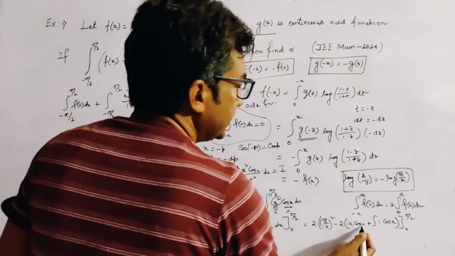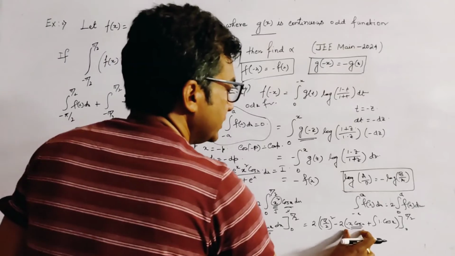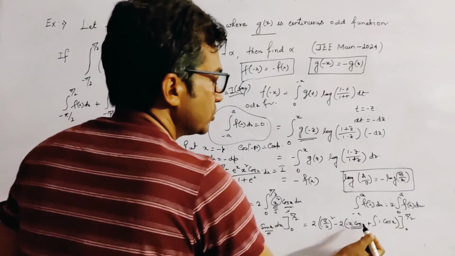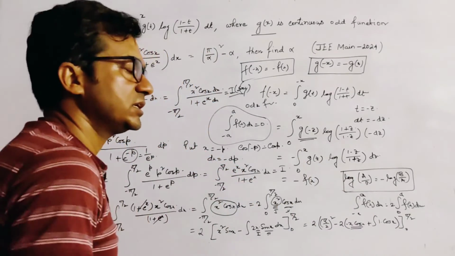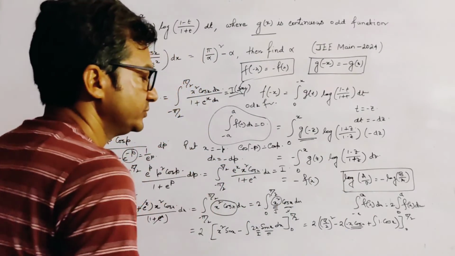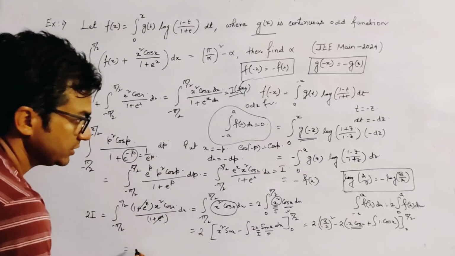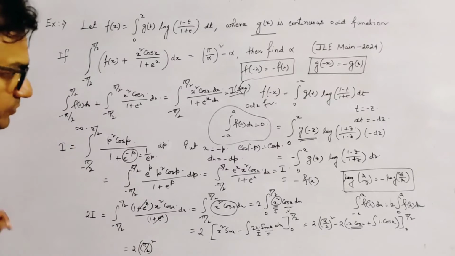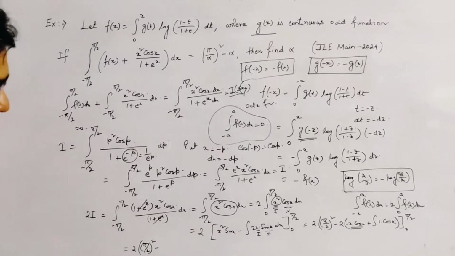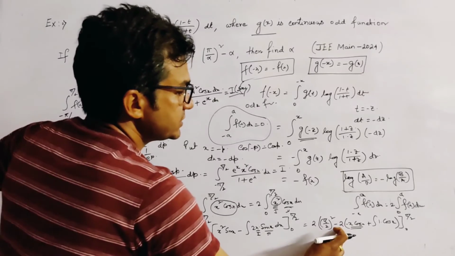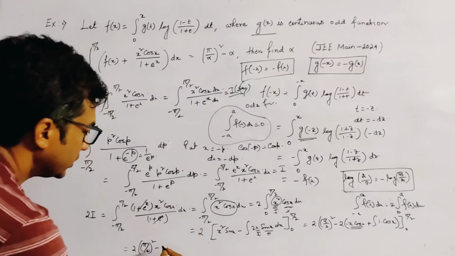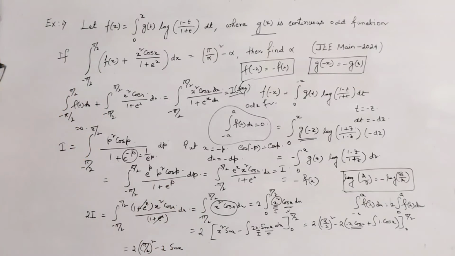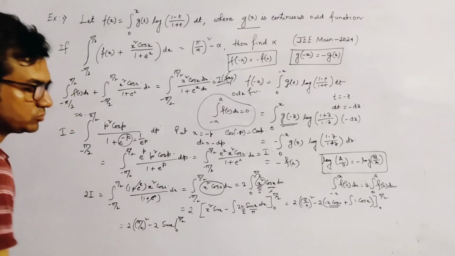If we put the range in this term, again this term becomes 0, because cos pi by 2 is 0 and x equal to 0 gives 0. So we get 2 into (pi by 2) whole square minus 2 into sin x, and the range is 0 to pi by 2.